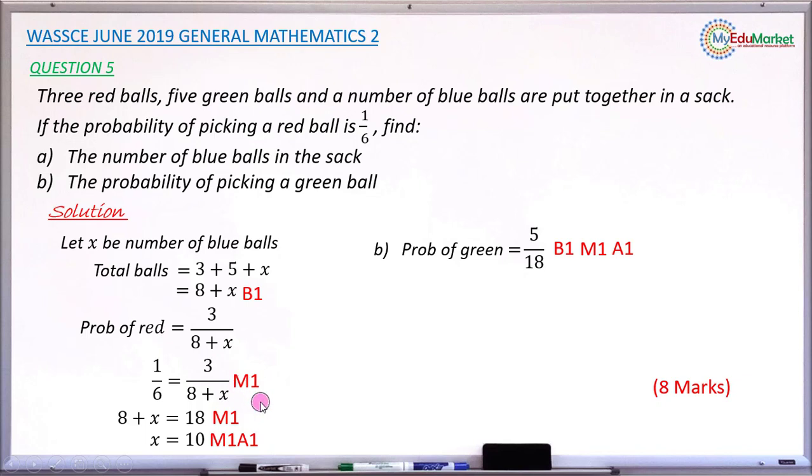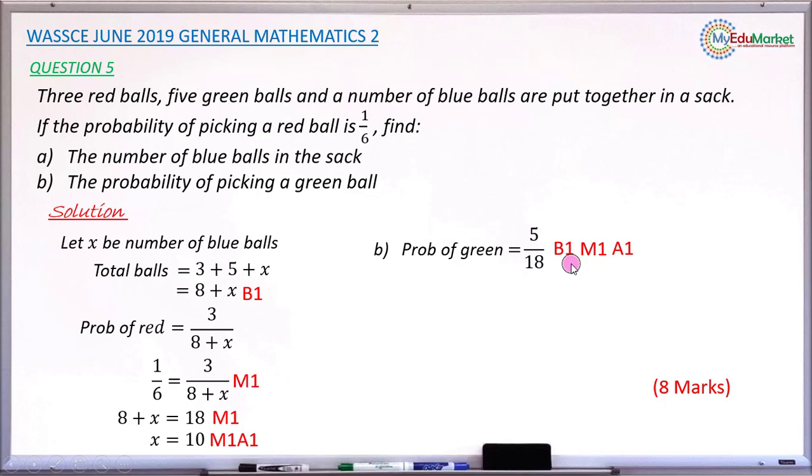Next, cross multiply in an attempt to find the value of X; when you cross multiply, you have this method 1 mark. And when you collect like terms together in an attempt to get X, you have another method 1 mark. And when you have X exactly as 10, you have this accuracy 1 mark.